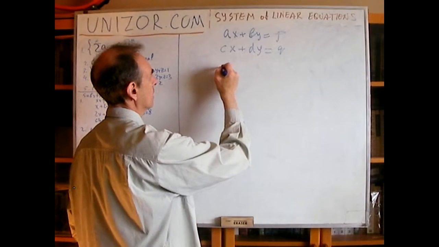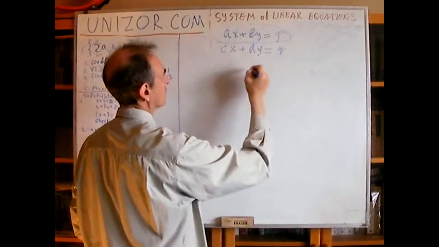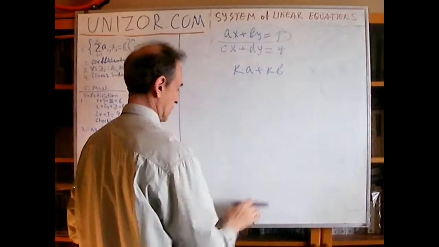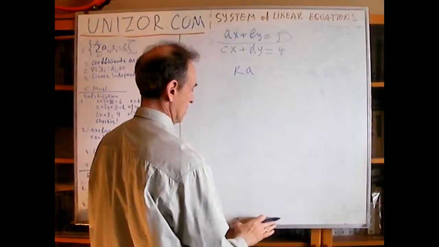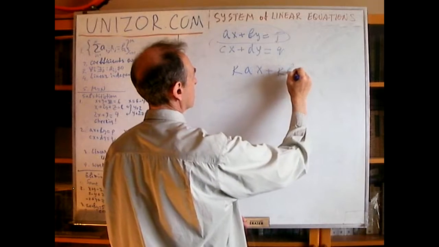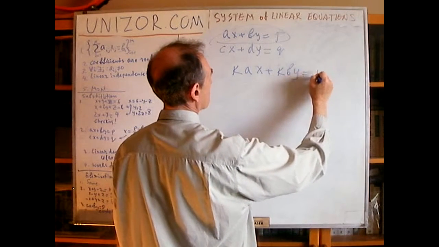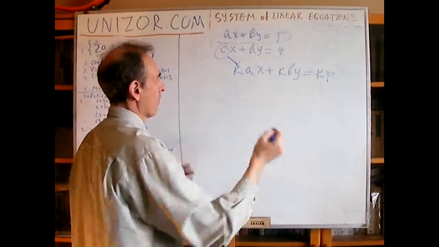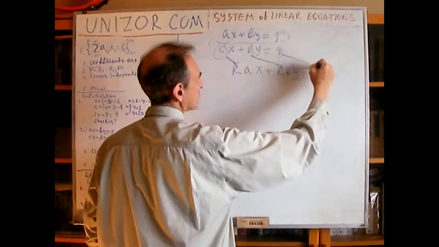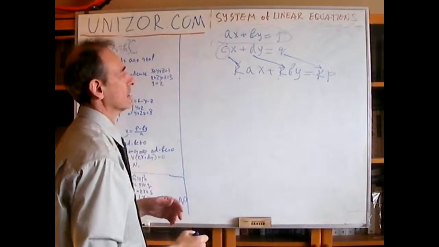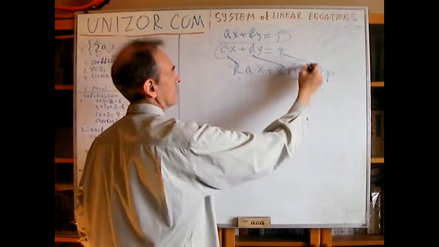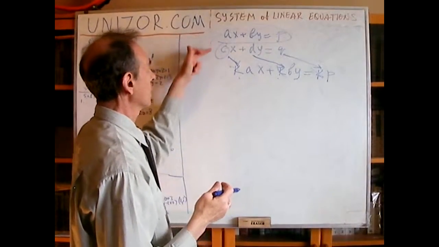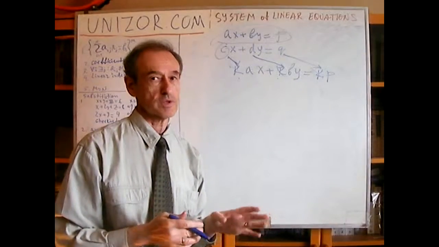So if this is the first equation, the second equation is Kax plus Kby is equal to Kp. So if c is equal to Ka with K some number, d is equal to Kb and q is equal to Kp, with K exactly the same factor, obviously K can be reduced, and you will have exactly the same equation twice. So these two lines, in this case, completely coincide with each other.